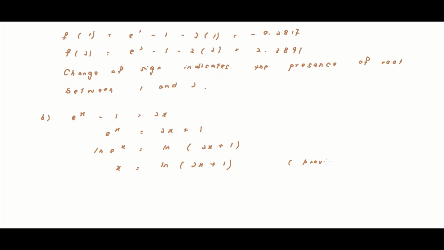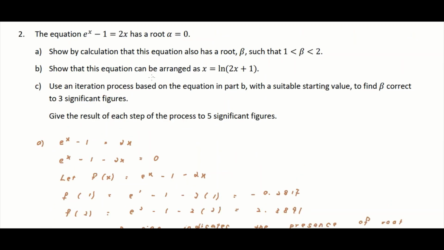So for C, you need to use the iterative formula. Use an iteration process with a suitable starting value to find your beta, meaning to find the root. Okay, so now we have an approximate location here which is between 1 and 2, right? With a suitable starting value, it doesn't matter which value you take, it will give you the same answer.